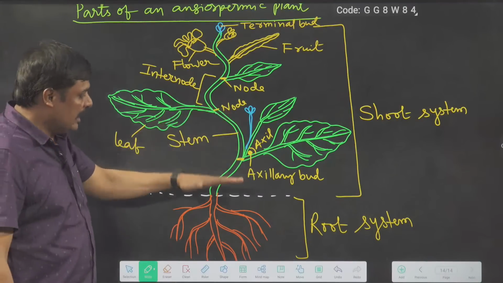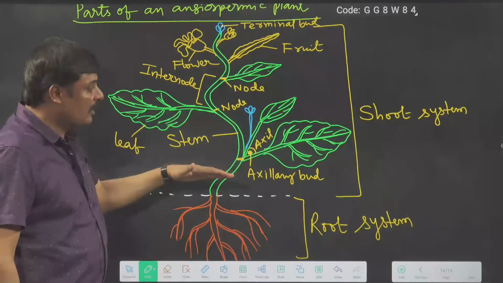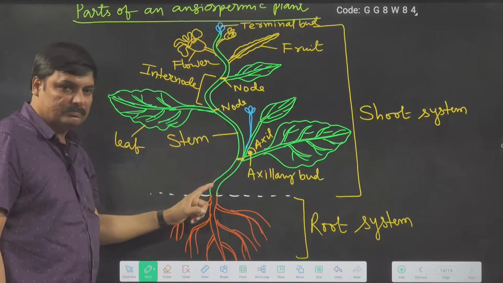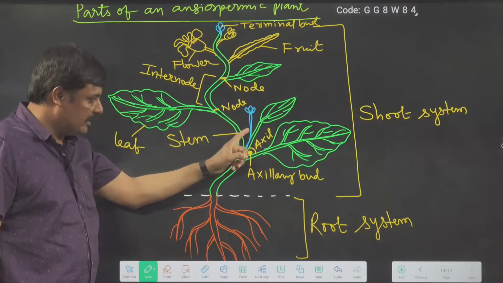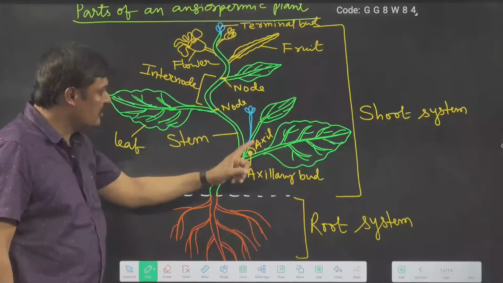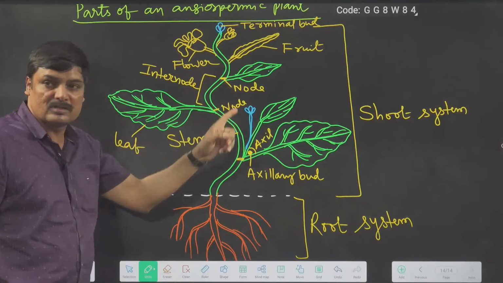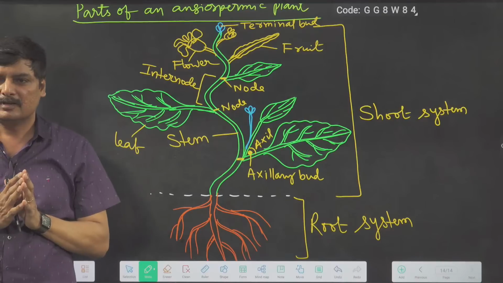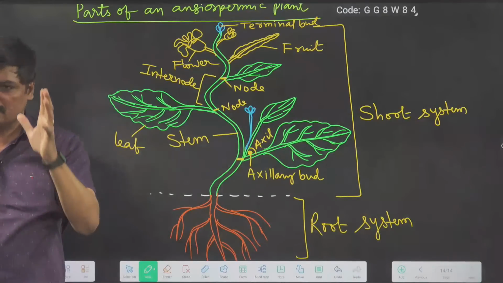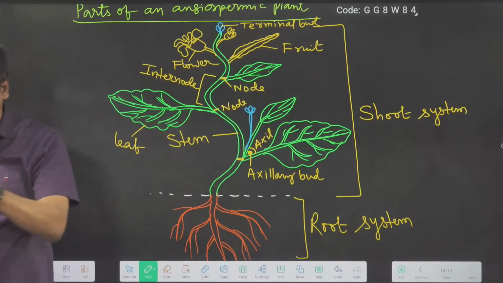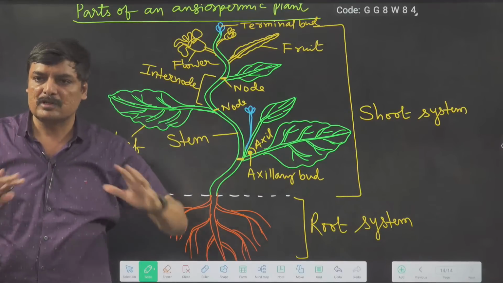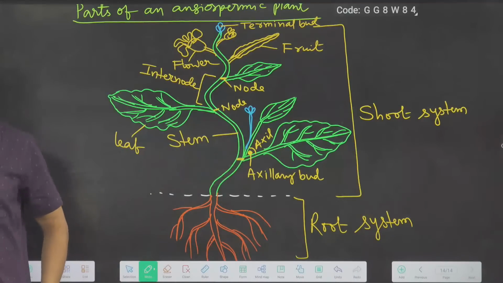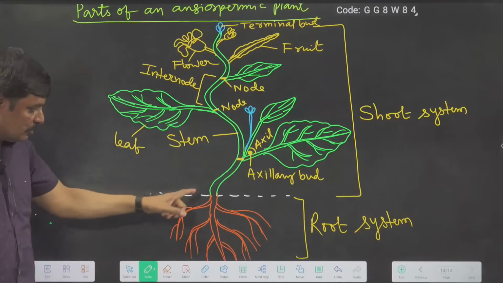And the above part is called shoot system. Remember, shoot system means the main stem, their branches, leaves, flowers, fruits, all combinedly known as shoot system. Shoot system includes stem, branches, leaves, flowers, and fruits. This total one is called shoot system. Okay. Similarly, here also it is a root system.